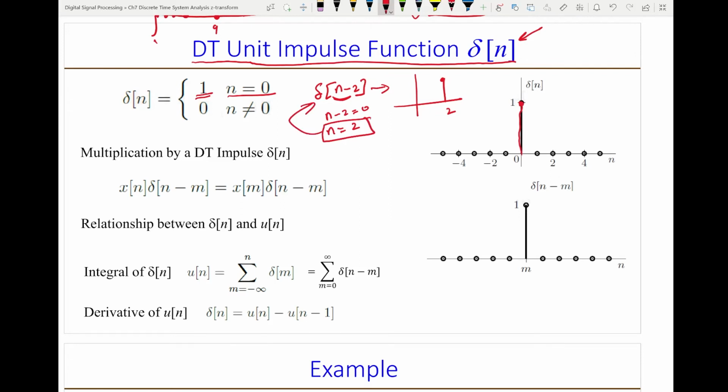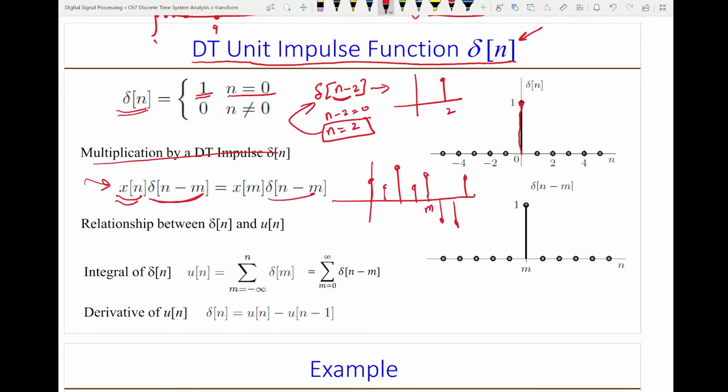Now, the impulse we use in sampling. So if I have a signal, let's call it x of n, and I multiply it by this impulse. So this signal x of n could be something like this. And let's say this is m here.